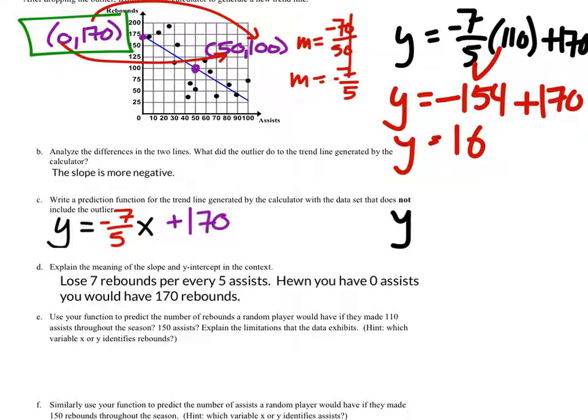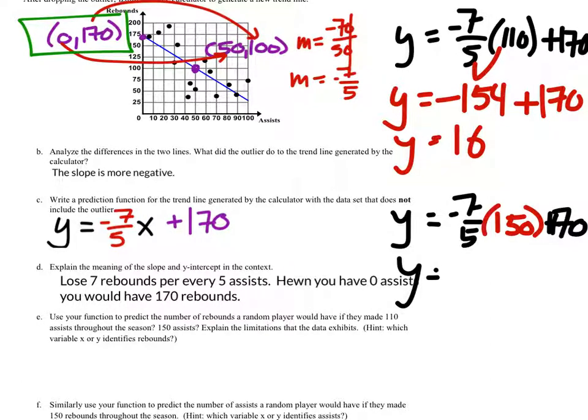Now it says, what about 150 assists? So let's look at that. Y equals -7/5 times 150, but again, we're going to add this to 170. When I multiply these, I got -210 plus 170, and when I combine these, I get -40.